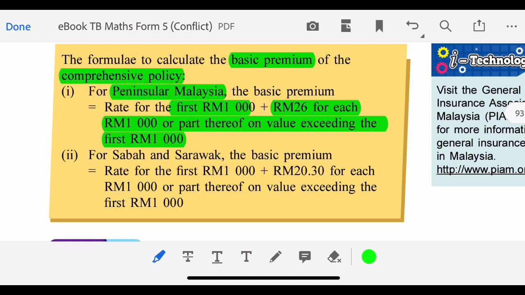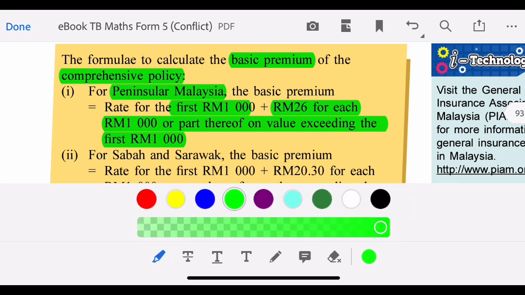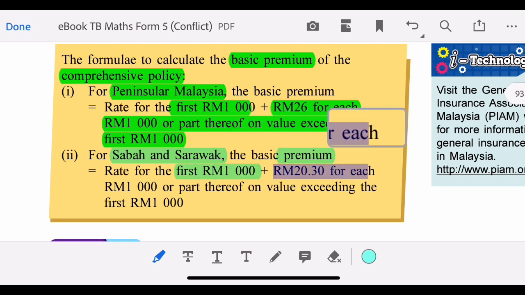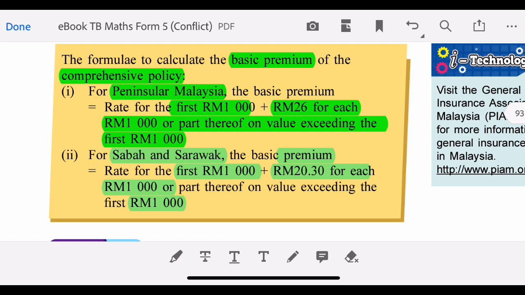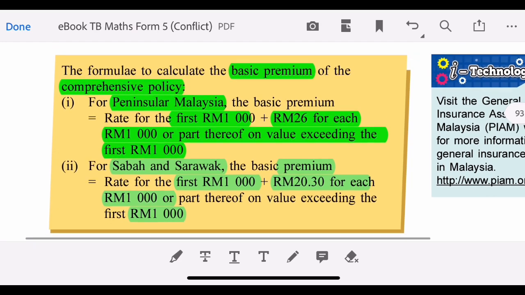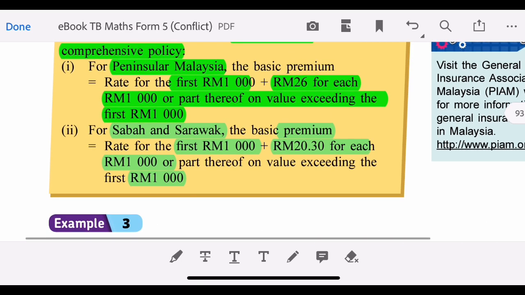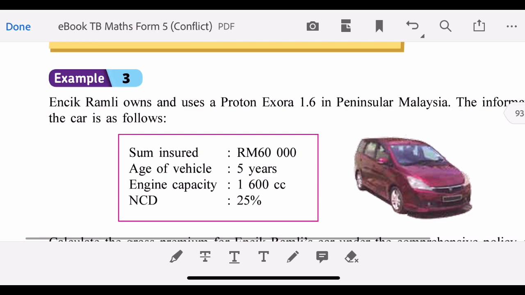For Sabah and Sarawak, the basic premium is equal to the rate for the first 1,000 plus 20.30 ringgit Malaysia for each 1,000 on value exceeding the first 1,000 ringgit Malaysia. In short, the premium for Peninsular Malaysia is much more expensive compared to Sabah and Sarawak.